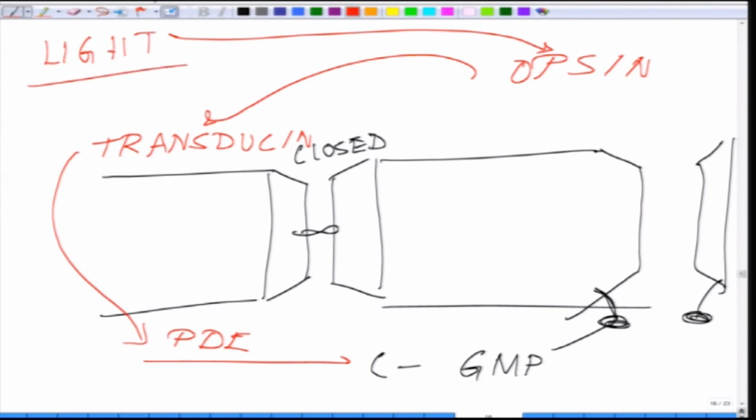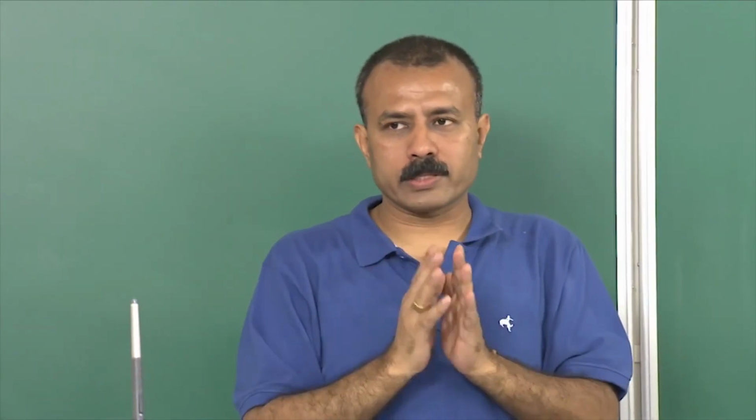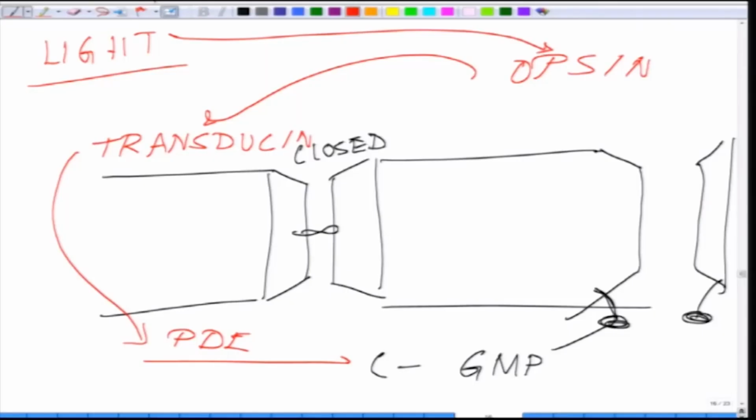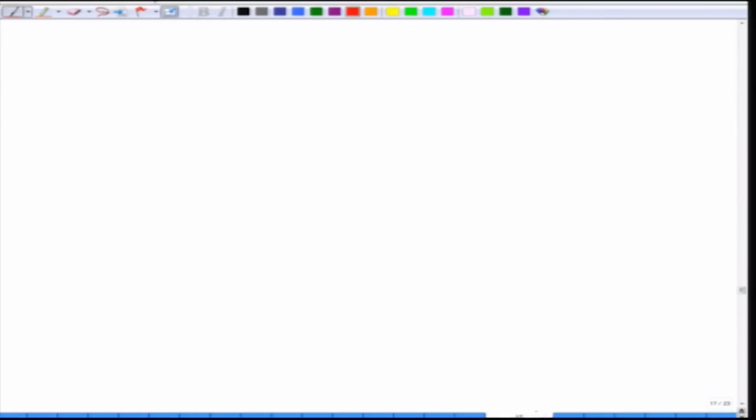Does it make sense? So, when the light falls, let us summarize what exactly happened. Okay. Now, coming back to the next slide. Light falls on the retina.